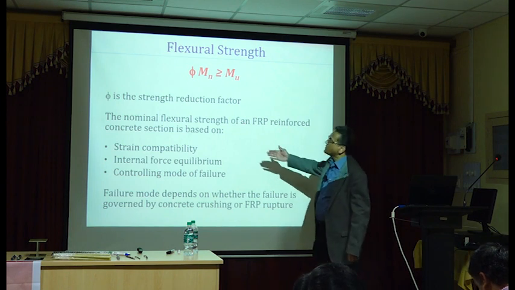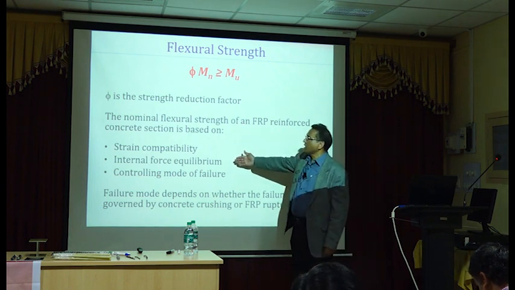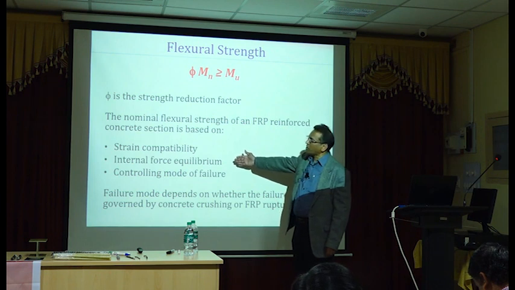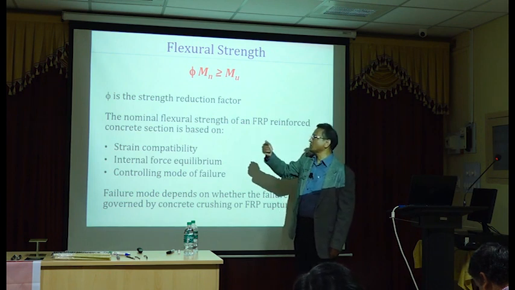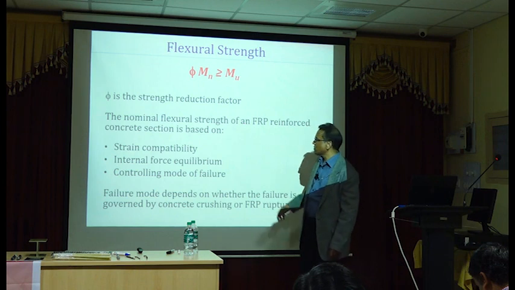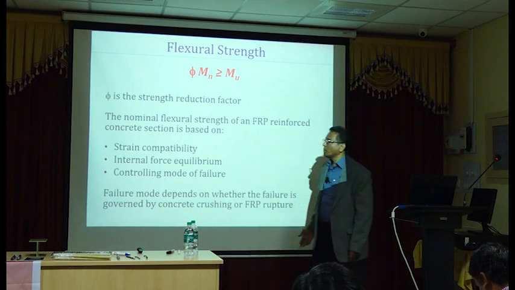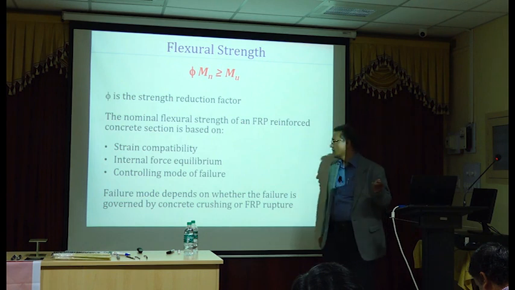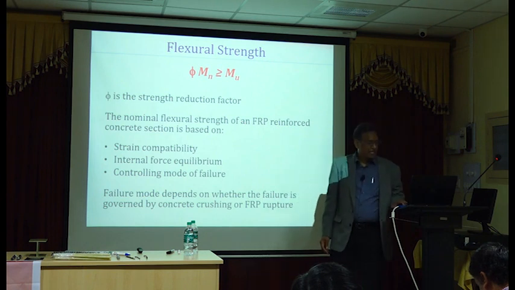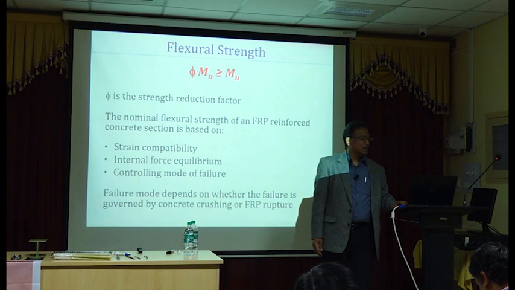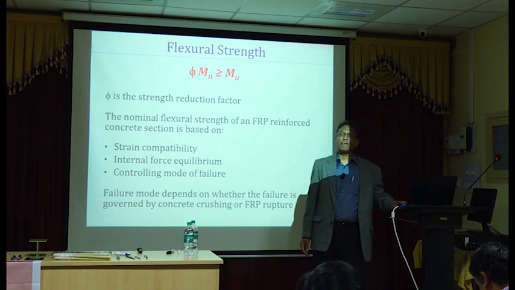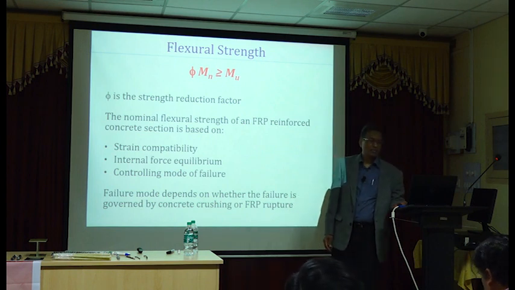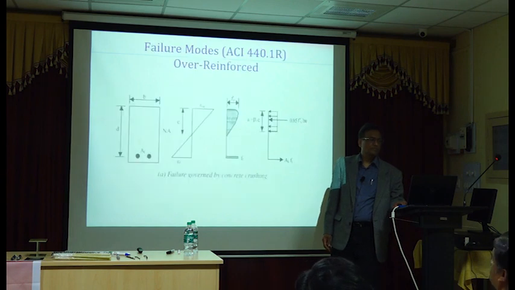And then we will use strain compatibility, equilibrium of forces. Total compressive force should be equal to total tensile force. And then we will base our design on over-reinforced condition, in which case the concrete will crush first and then the FRP bars are likely to fail.